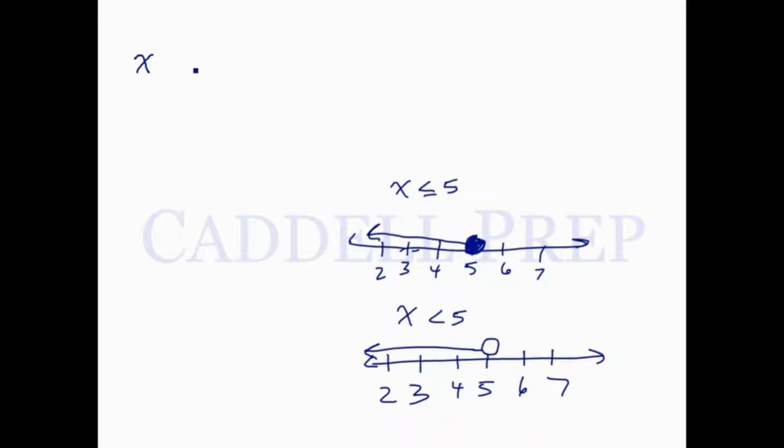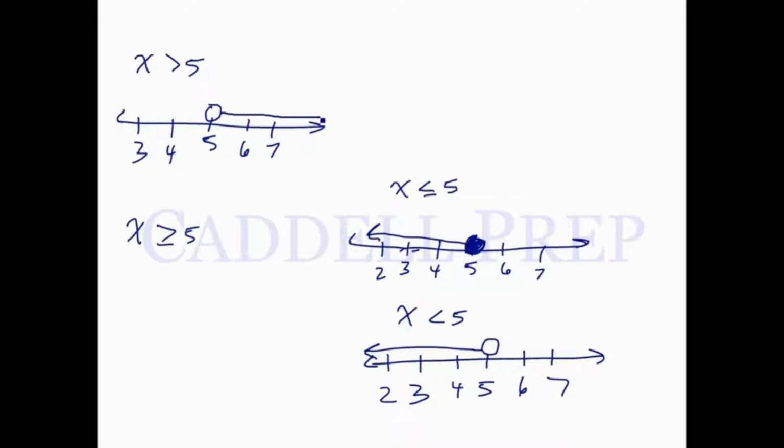Then likewise we could do x is greater than 5, x is greater than or equal to 5. So x is greater than 5. It's going to be all the numbers bigger than 5, but we're not going to include 5 because it cannot equal it. So it's an open circle and everything bigger than it.